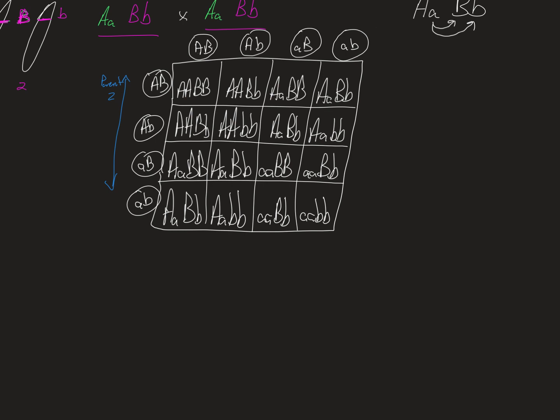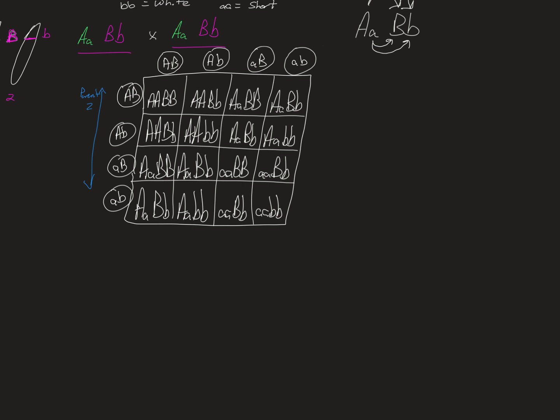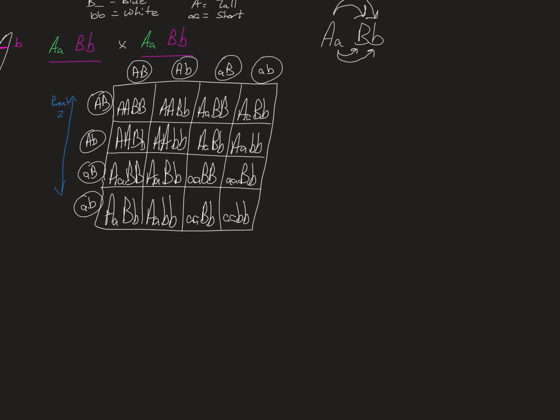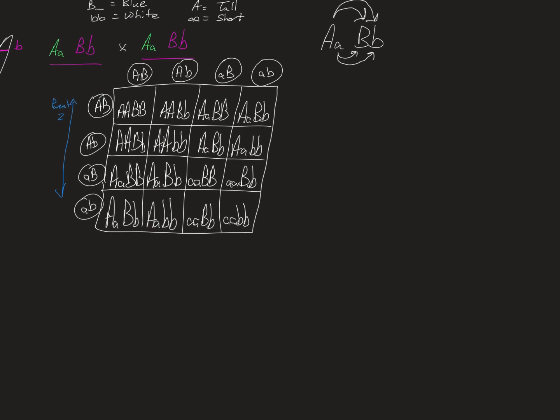Now we have to look at genotypic and phenotypic ratios. Let's go ahead and use the phenotypic ratios first. So the first question, what are the different combinations I could have? Tall and blue.